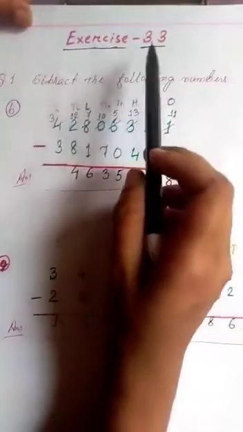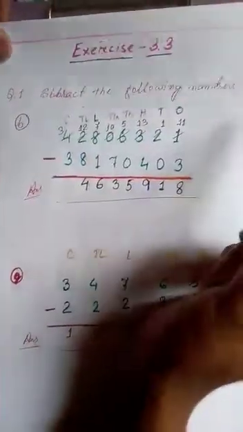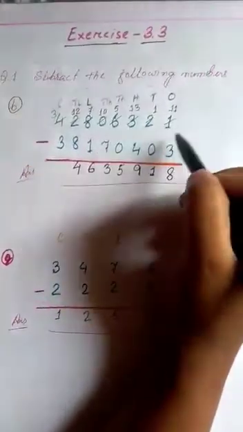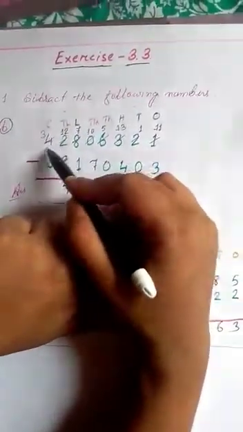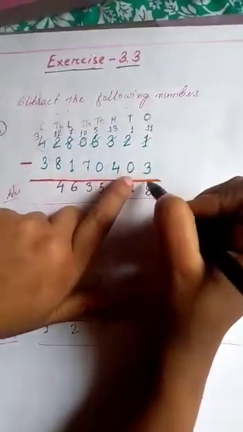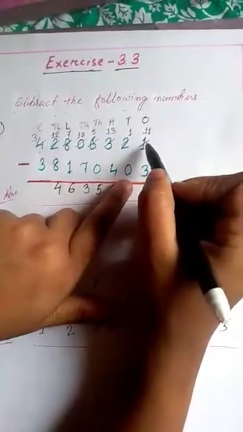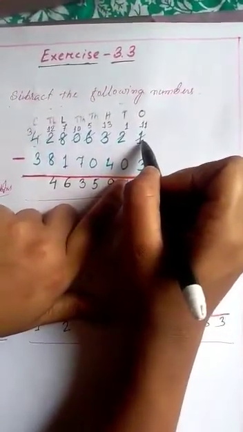Now let's move to exercise 3.3. Let us start from question number 1. Subtract the following numbers. I have taken part 1 here and I have arranged the numbers in this way. Just subtract starting from the ones place digits. The ones place digits are 1 and 3. 1 is the smaller number, so we cannot subtract.